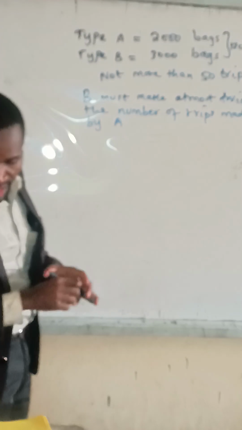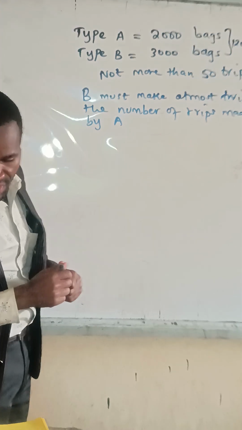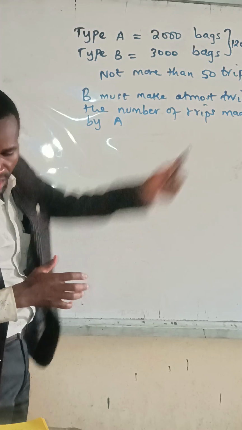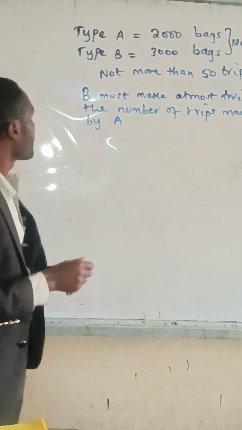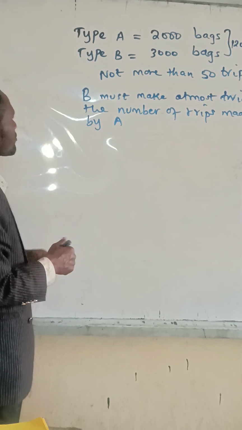You're told that type A makes X trips and type B makes Y trips.